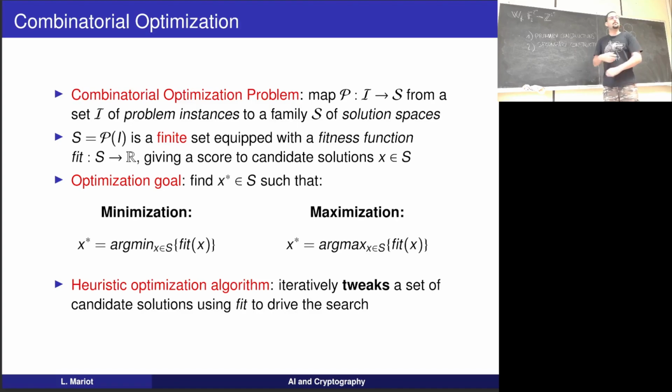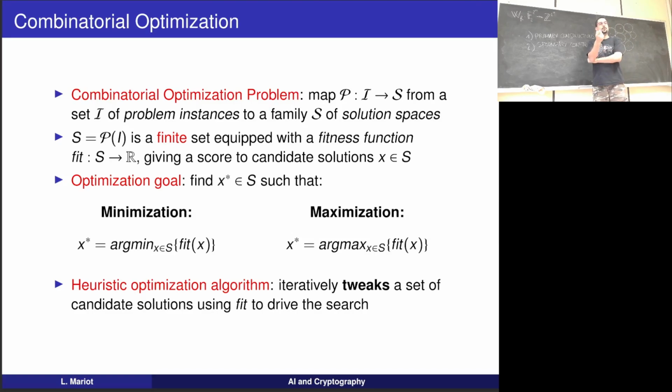And heuristic optimization algorithms, or meta-heuristics to be more correct, because heuristics are usually very specific to a single problem. Meta-heuristics instead can be applied to any combinatorial optimization problem in general. So the idea of meta-heuristics is to tweak, in an iterative, incremental way, a set, or even just a single candidate solution, but in general a set of candidate solutions.